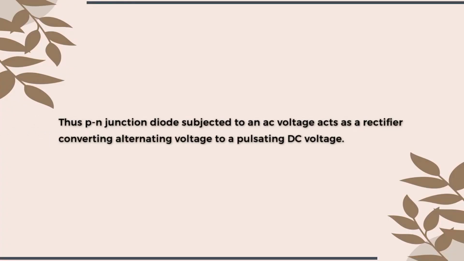Thus, a PN junction diode subjected to an AC voltage acts as a rectifier, converting alternating voltage to pulsating DC voltage. That means a single simple diode can be used for the rectification process.